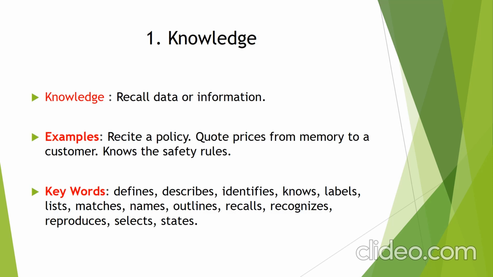So we start with the knowledge. Knowledge has to do with recall or recalling of data or information. It is the lowest level of cognitive domain. Examples are like reciting a policy, reciting a poem, quoting prices from memory to a customer, knowing of safety rules, they just involve recalling from memory.